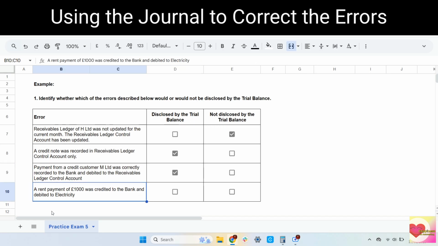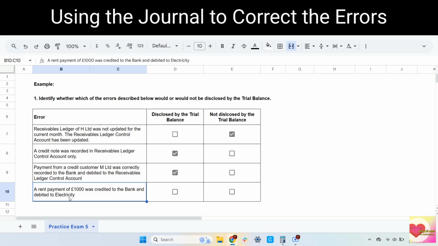And for the last error, a rent payment of 1,000 was credited to the bank and debited to electricity. So this means we paid the rent and recorded it as a credit to the bank account, which is correct, and instead of recording it as a debit in the rent account, it was recorded as a debit in the electricity expense account.